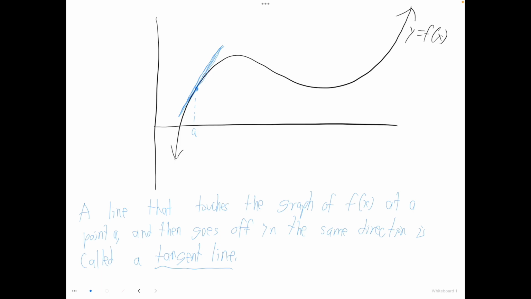And so what we're looking for, in a sense, is tangent lines. We're looking for this line that touches the graph there and then goes off in the same direction.